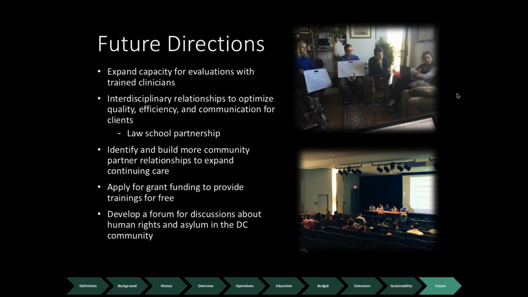You can see here on the bottom picture, this was our kickoff event for the year, wherein a bunch of students from the Georgetown community, not all associated with PHR, came together as a panel and talked about what human rights and global health meant to them. So we were particularly excited about that event because we think it's a good starting off point to bring all these organizations together.